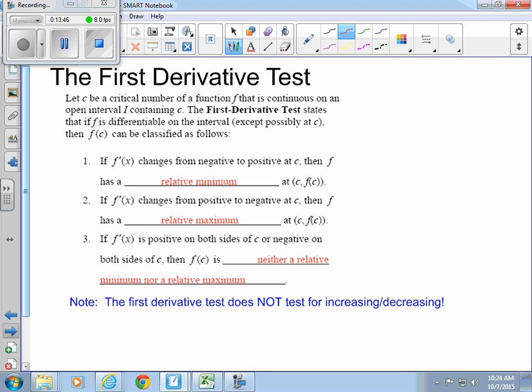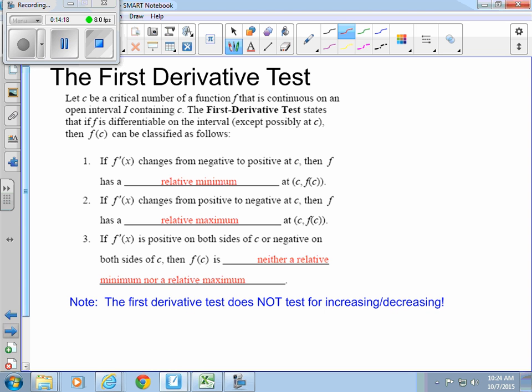If you have a critical number c of a function f that's continuous on an open interval I containing c, the first derivative test states that if f is differentiable, why would it have to be differentiable? We have to have an f prime, except possibly at c. Or a critical point, it could be a sharp corner, right? So they're saying the only place that it can be not differentiable is at the critical point. Then f of c can be classified as follows.